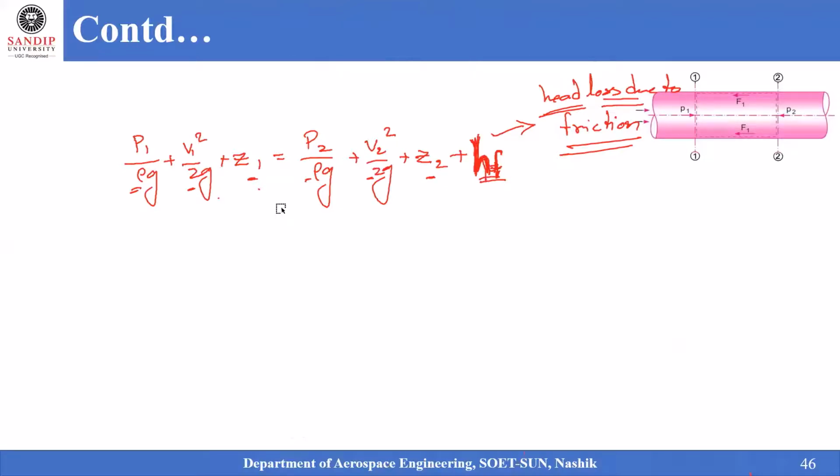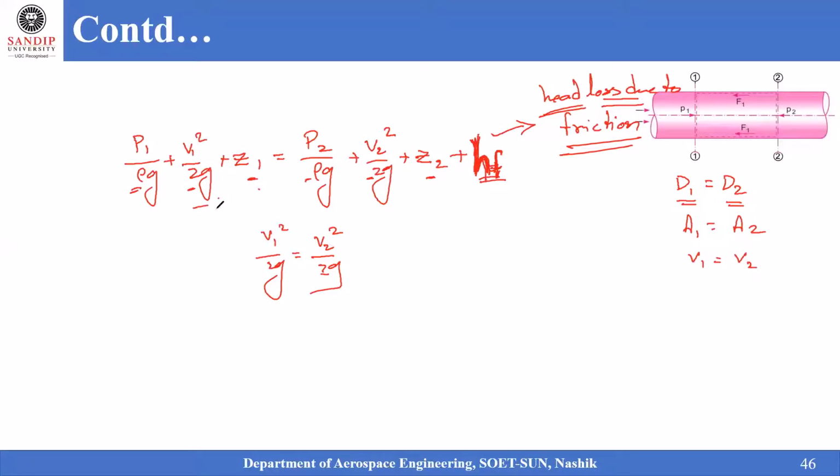what I notice here is D1 is equal to D2. That means there is no diametric change, or no area change, inside the pipe. So V1 square by 2g is equal to V2 square by 2g, as there is no area variation in that particular pipe.